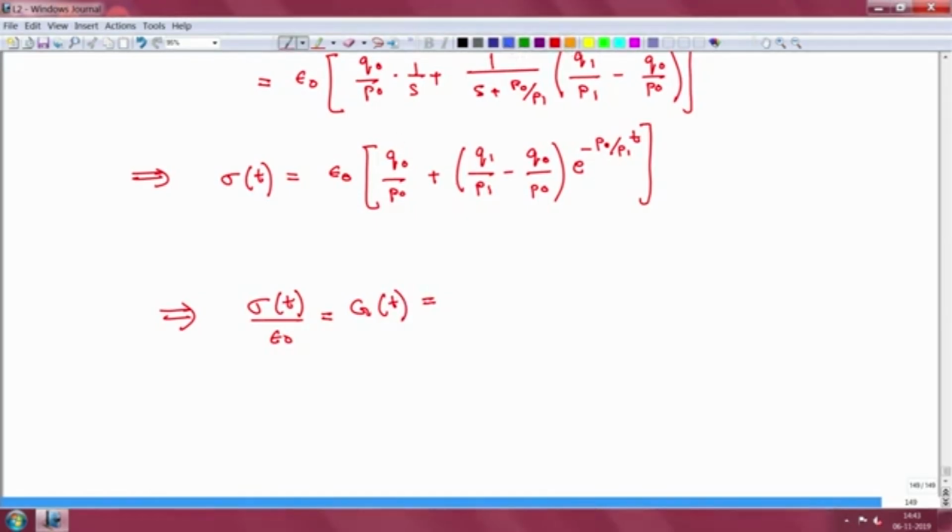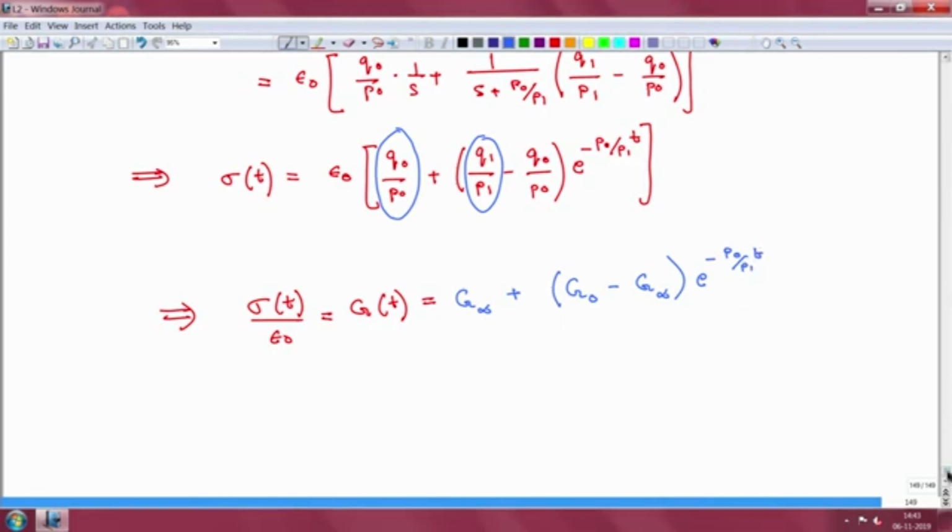So, this part is a constant, and then you have this part minus again the same fraction here. If I decide to call this g infinity, then the function can be written as g naught minus g infinity, e to the power minus P0 by P1 t.